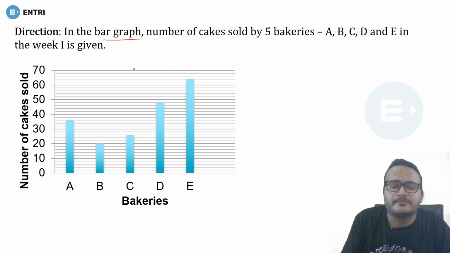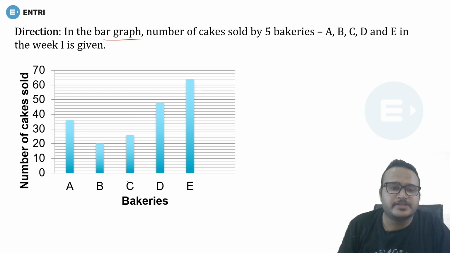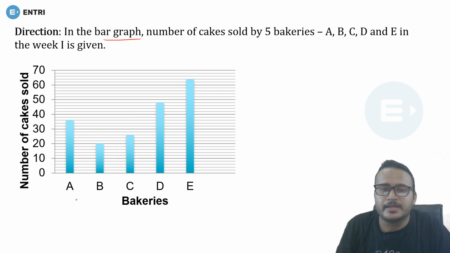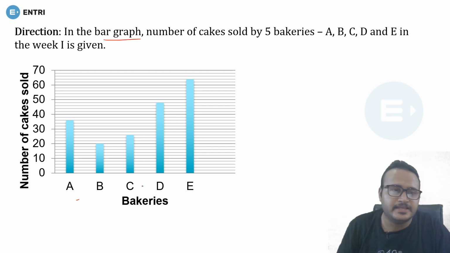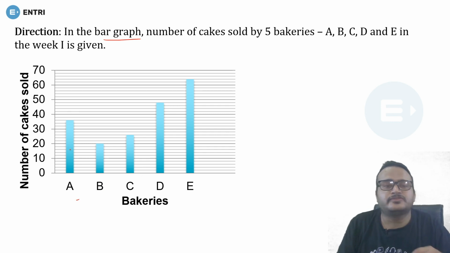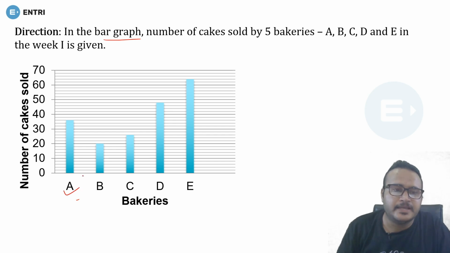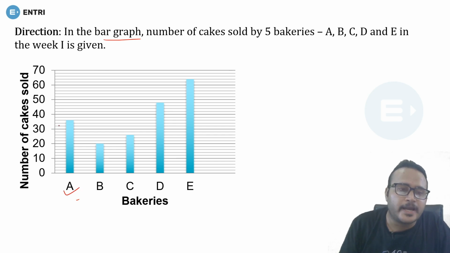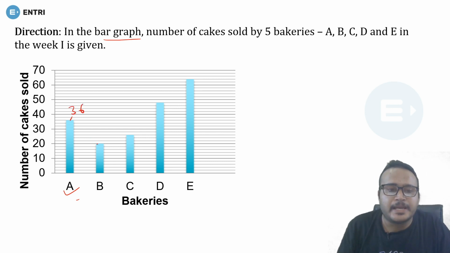Basically this is a bar graph shown below, in which we have the names of the bakeries like A, B, C, D and E, and the number of cakes sold by those bakeries. For example, by bakery A, the number of cakes sold is 36. By bakery B, the number of cakes sold is 20, and by bakery C it's 26.